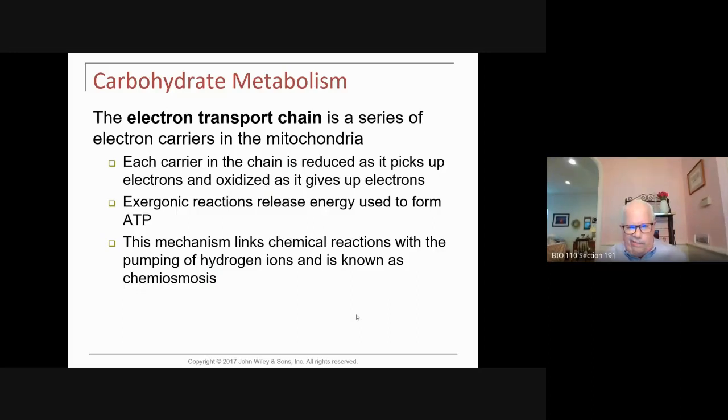The side effect of all these reactions is the release of heat. And when you have a reaction that releases heat, it's called exergonic. And it's used to form ATP. Okay? That is very important.